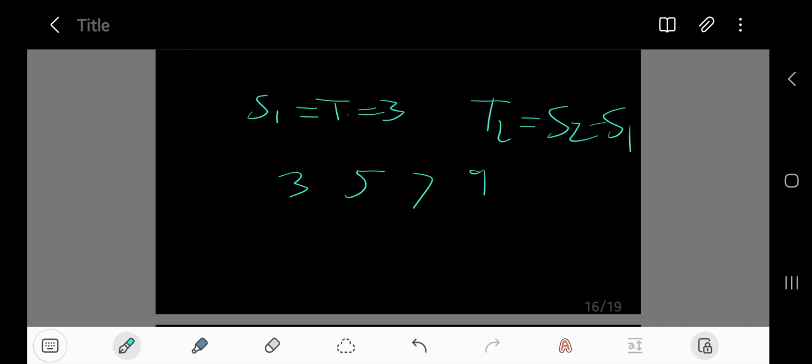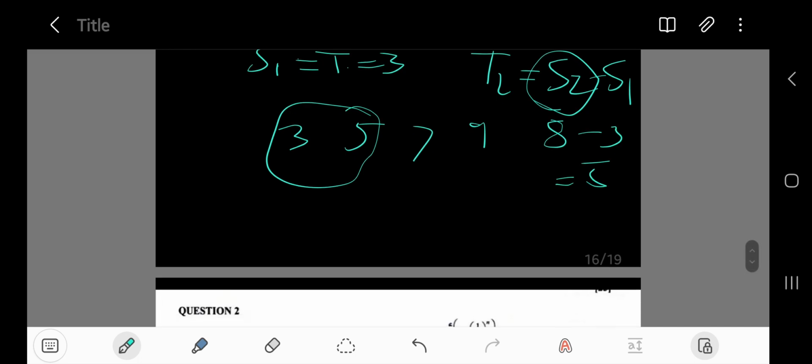The sum of the first term is equal to term 1, and it is indeed 3. The second term is equal to the sum of the first two terms minus the first term: 3 plus 5 is 8, minus the first term, 3, which indeed gives us the second term, 5.